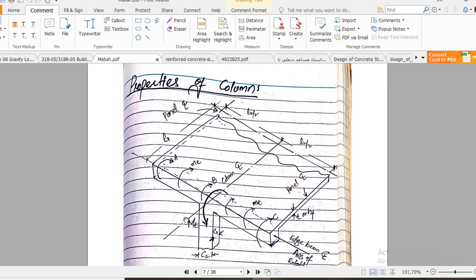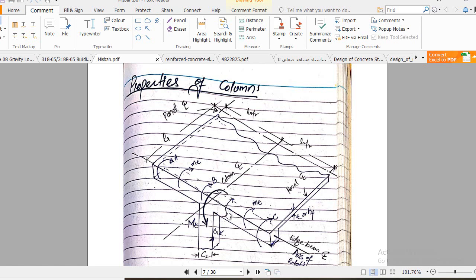Now this is the center line of the beam or a span, and this is the actual column. So why are we using the equivalent column in the equivalent frame system? Because here it's explained that this slab system is trying to rotate the beam in this clockwise direction, while the column is preventing the slab system from rotation.